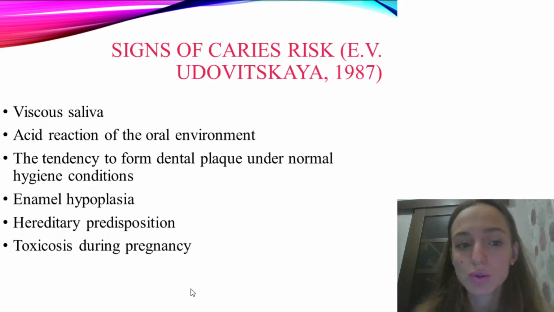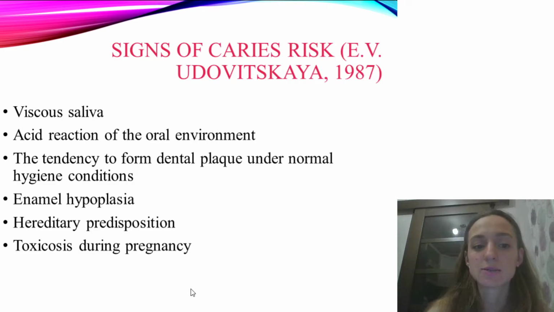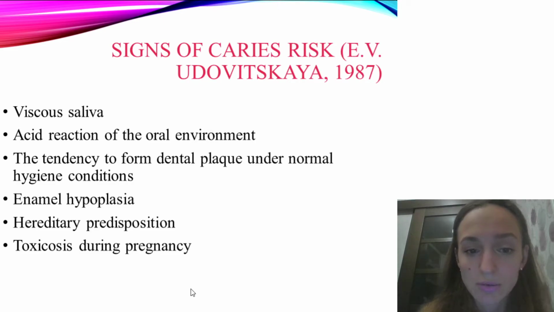Of course, you should know about signs of caries risk. These are viscous properties of saliva, acid reaction of the oral environment, the tendency to form dental plaque under normal hygiene conditions.